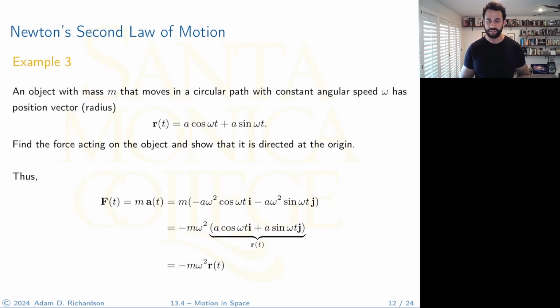So one of the cool things about this result is that this actually is the original position vector of our particle, or our object. There you go. So that means that F is equal to this right here, negative mass times omega squared times r of t.